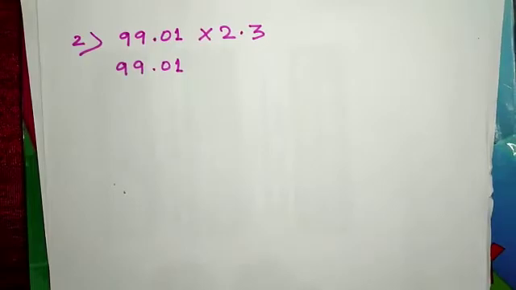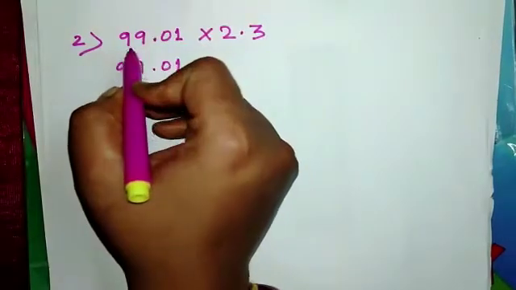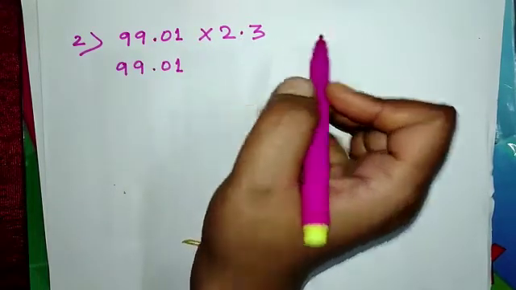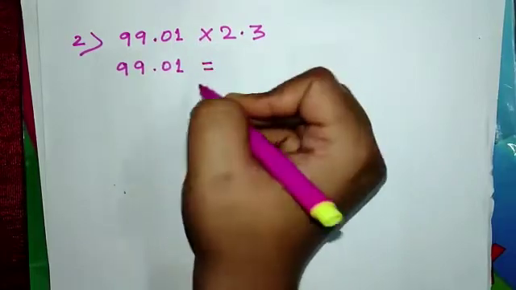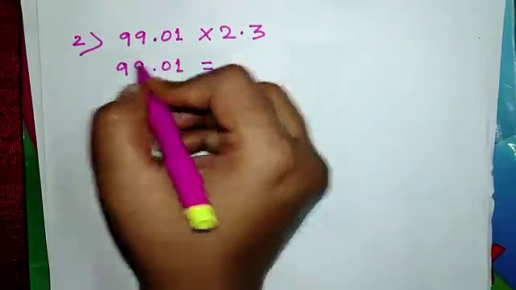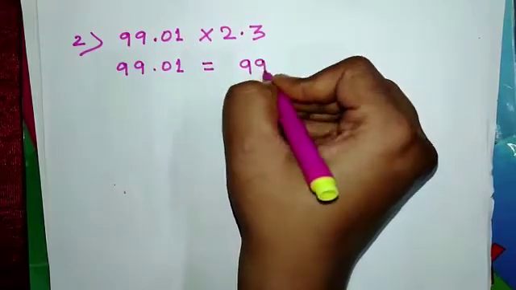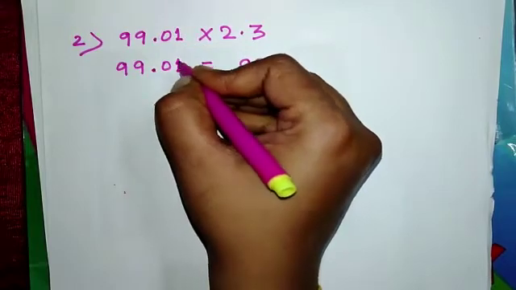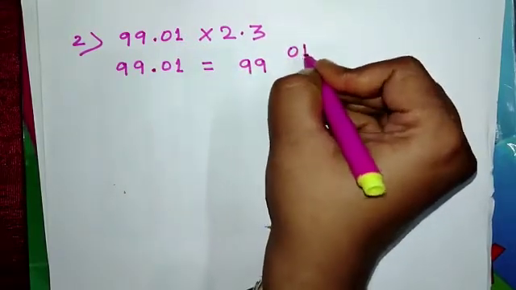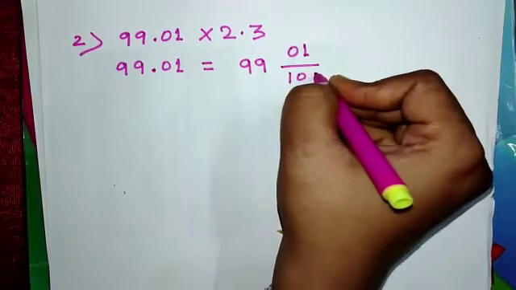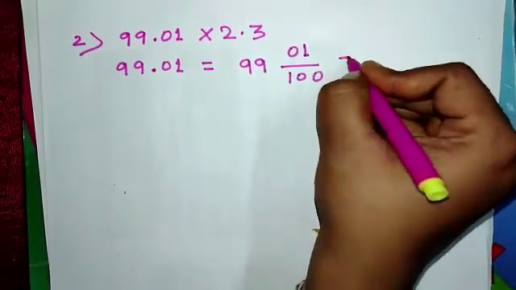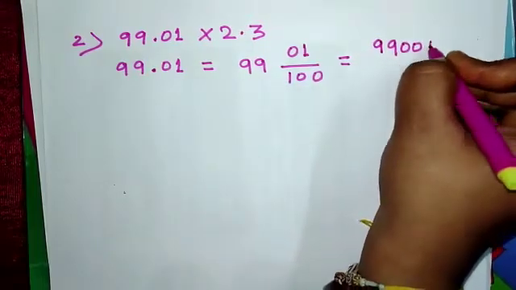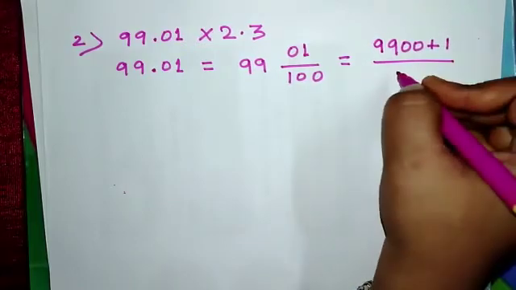So here is our next example, that is 99.01 into 2.3. Okay. Same way we will do. First we will convert it into a mixed fraction. 99.01: we will write 99 as a whole number, and after the decimal 0, 1, it means 2 places, means we will take 100. Again plus 1 divided by 100.